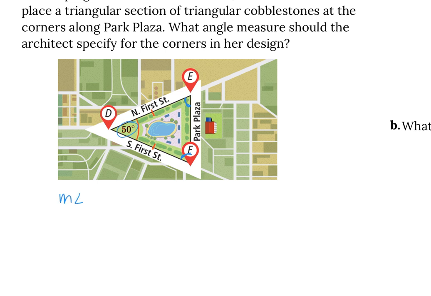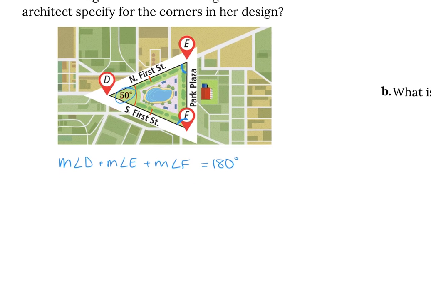angle D plus the measure of angle E plus the measure of angle F would add up to 180 degrees. They told us that measure D is 50. We know that angle E and angle F are congruent to each other.